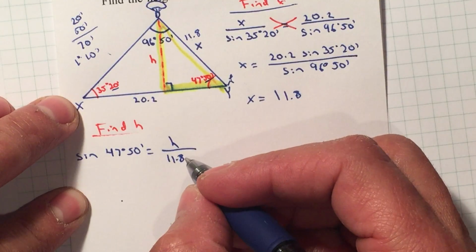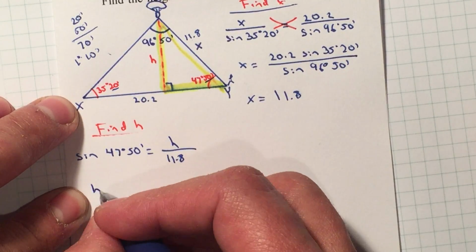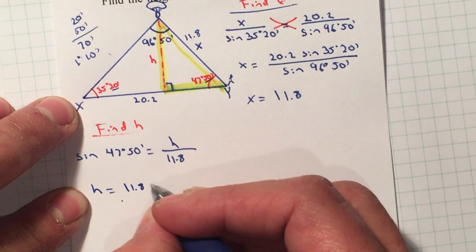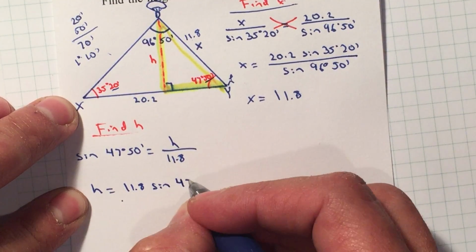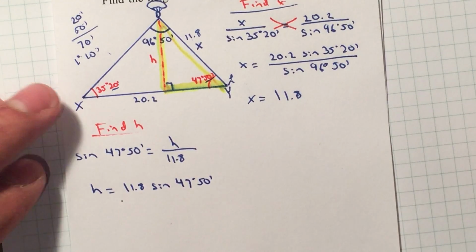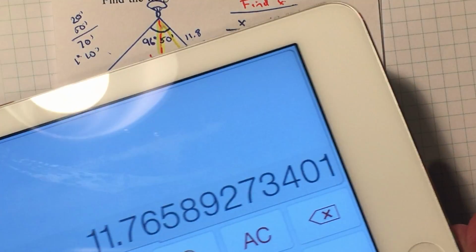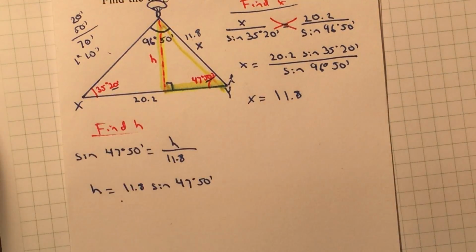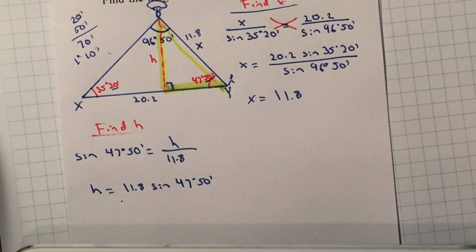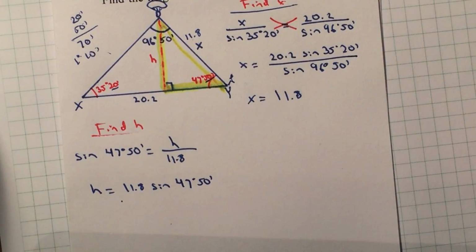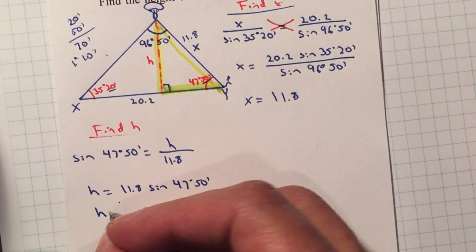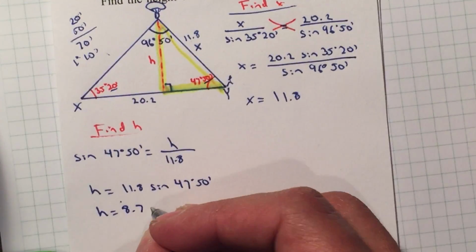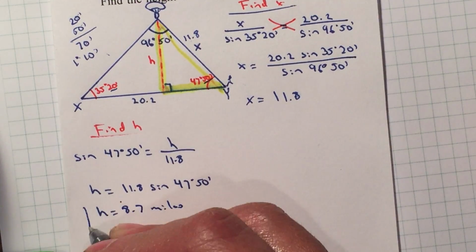Cross multiply, so h is equal to 11.8 multiplied by the sine of 47 degrees and 50 minutes. Since I already left that in my calculator, I can just multiply by the sine of 47 degrees and 50 minutes, and that gives me 8.7. So the height will be 8.7 miles, and that will be my answer.